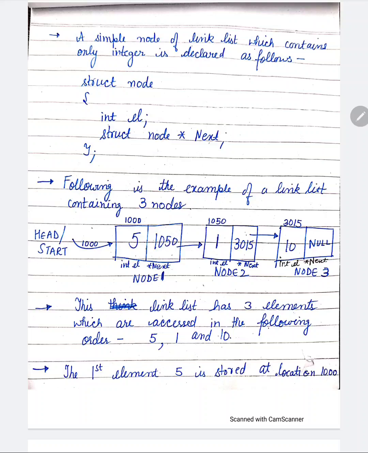The address of 10 is 3015, and it is stored in the next of the second node. And the last node has the next value as null, because the next does not exist for the last node. It does not have any next node. That's why the last node's next pointer is always null. So this is how we represent a single linked list.